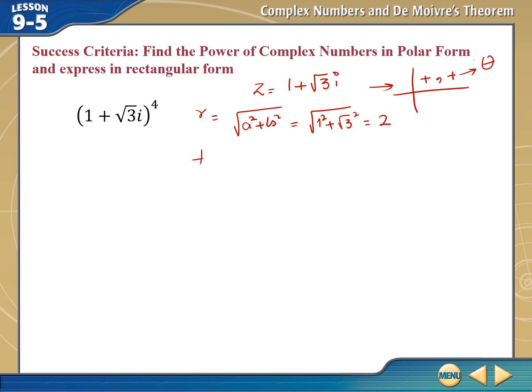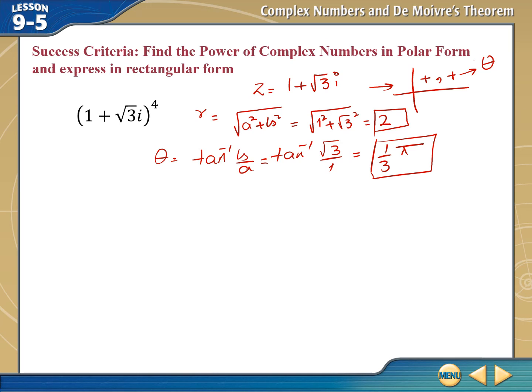Find out the argument: theta equals tangent inverse b over a, and our b is square root of 3 and our a is 1. Make sure that your calculators are in radian mode, so convert this and you will get 1 over 3 pi. So here our r is 2 and our theta is 1 over 3 pi.